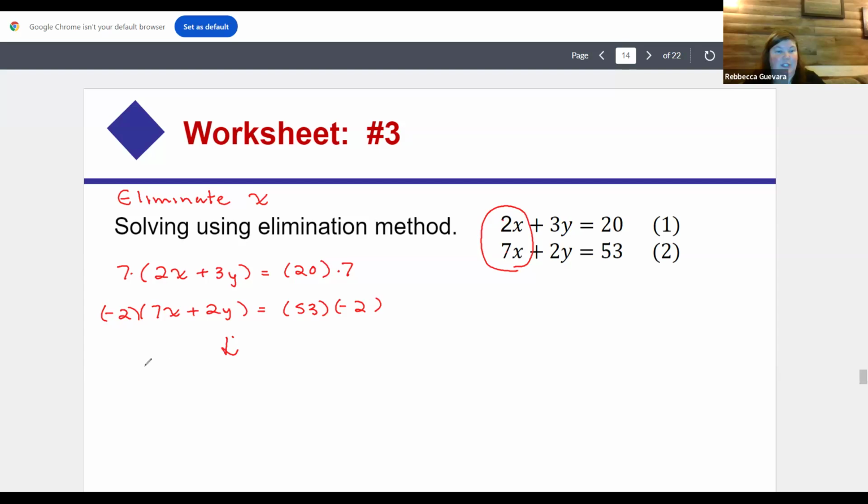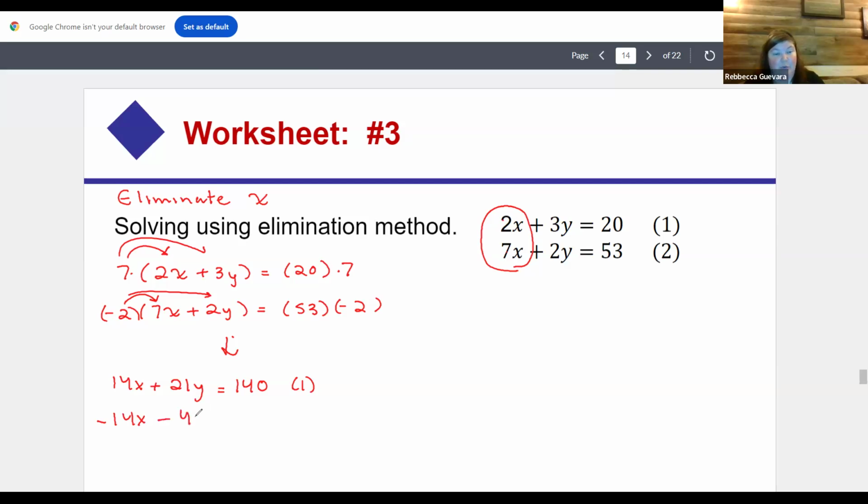So the two equations I should end up with, as I distribute this, is 14x plus 21y equals 140. I distribute this negative 2 across here, and I get this new equation. Then it's a negative 14x, so that's why I use that negative, because now my x's are going to eliminate.